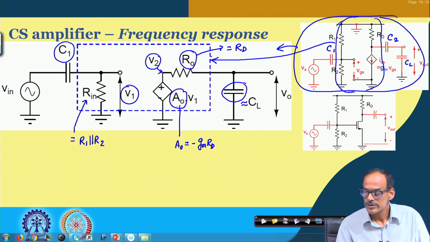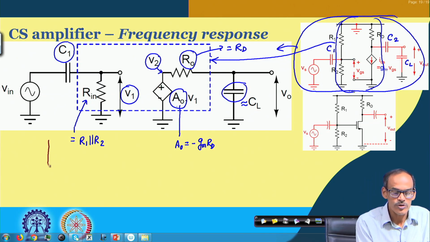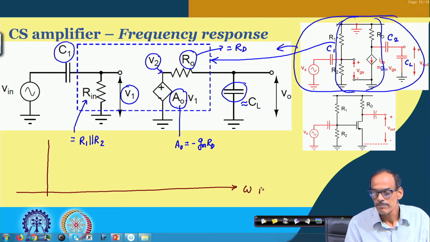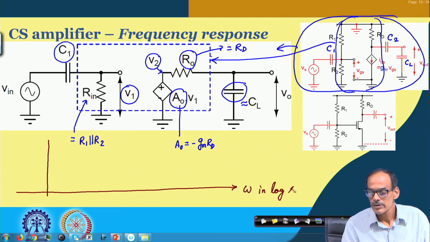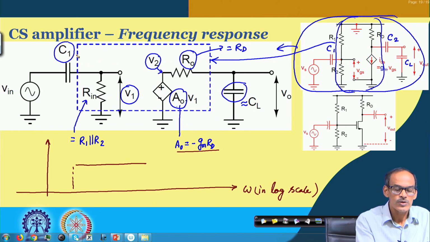Now, as we have said for the frequency response, if you are asked to draw the frequency response or the Bode plot, particularly the gain plot, I think you will be able to do it yourself. Omega in log scale, and then in the mid frequency range, the gain is defined by this A naught. So, if I consider magnitude, we have the gain here, and then the lower cutoff frequency comes from C1 and this R in.